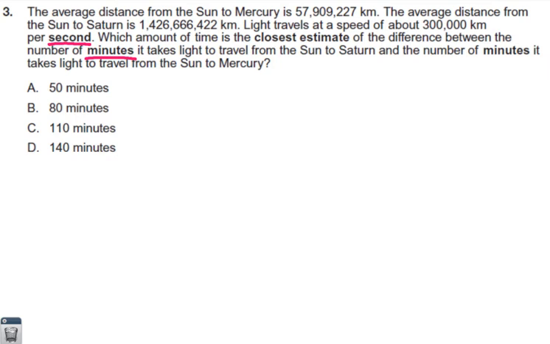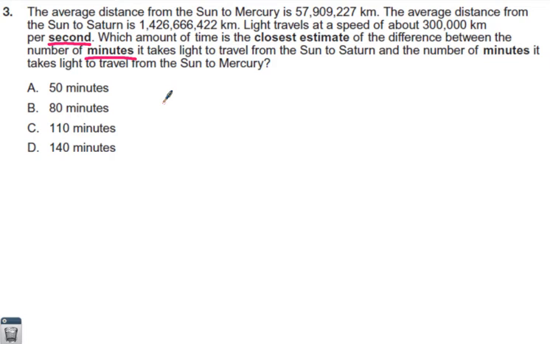We take these two values and we divide them both by 300,000. And that's going to get the number of seconds it takes for the light to travel from Sun to wherever.